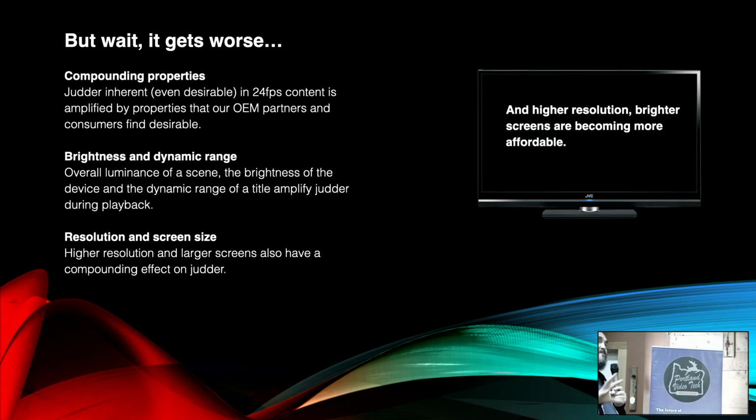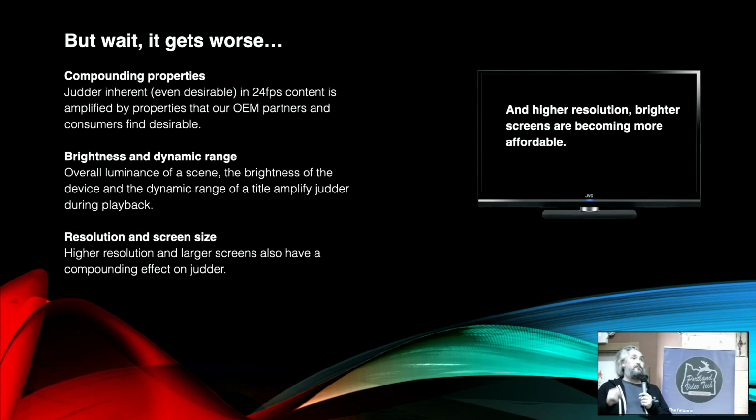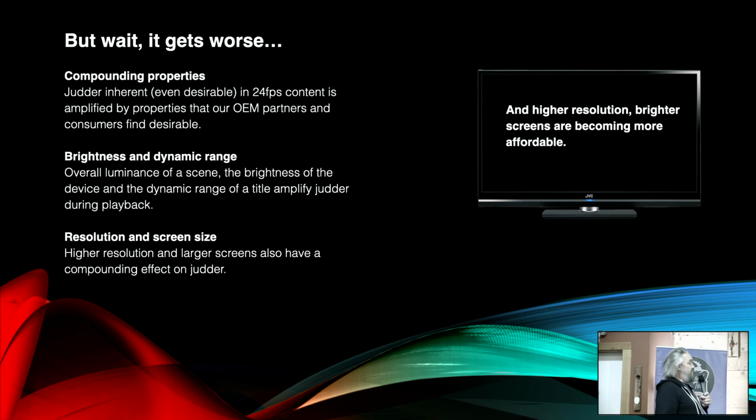And yet these are the very same things which can have an amplification effect on the perception of judder, to the point where, and it's very content specific, to be clear, it's not every scene, it can result in a very uncomfortable experience known as strobing, where you're seeing motion essentially stutter very dramatically across the screen, and can, as I say, be quite detrimental to the overall quality of the viewing experience.